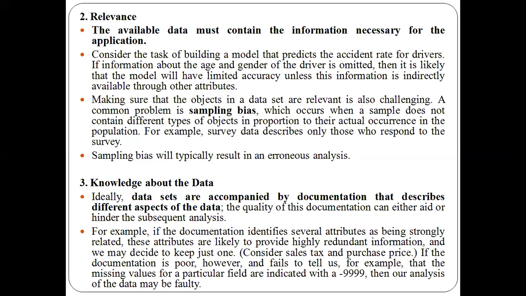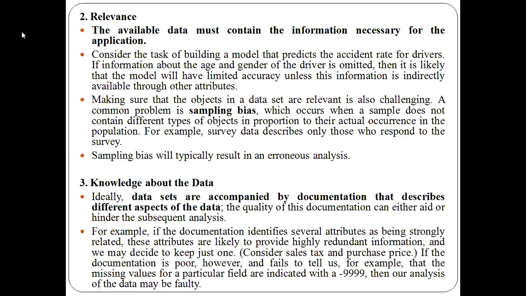These are two very important attributes used for predicting the accident rate of drivers. Suppose you don't have the age and gender attributes in your data, then it will not be relevant data. If you have irrelevant data, you can't build your model using that data. So you need to have relevant data for performing your analysis.